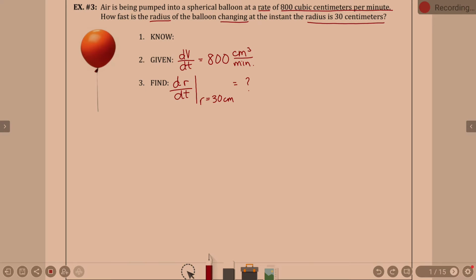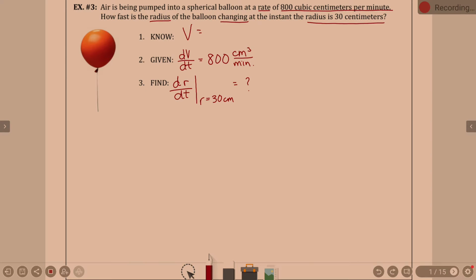What formula am I going to use that's going to tie this together? Volume of a sphere, which is what? Is that a great question we don't know the answer to right offhand?